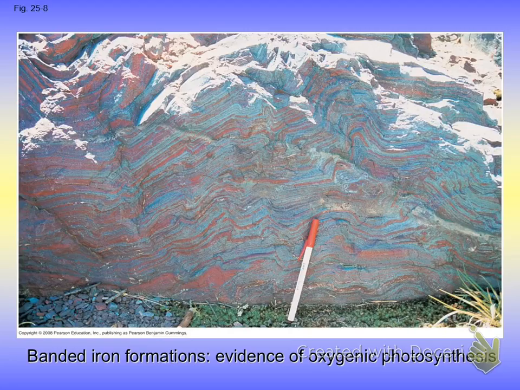So we have these iron deposits throughout the world, and part of this is because of photosynthesis, how the iron and the oxygen are interacting. The oxygen oxidizes the iron and gives us the different colorations in the different layers.